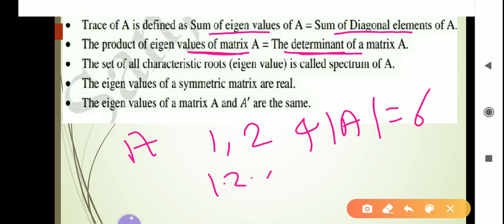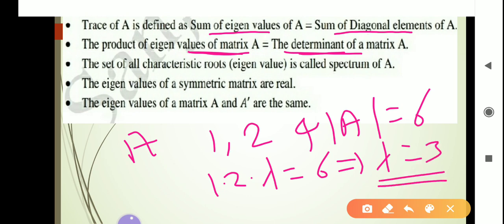So 1 into 2 into lambda is equal to 6. So what is the third eigenvalue here? Lambda is equal to 3, since 6 divided by 2 is 3. So using this property we can find it. Similarly we can use the sum property also. If two eigenvalues are given, with the help of these properties we can find the third eigenvalue, or using these two properties we can check whether our eigenvalues are correct or wrong.